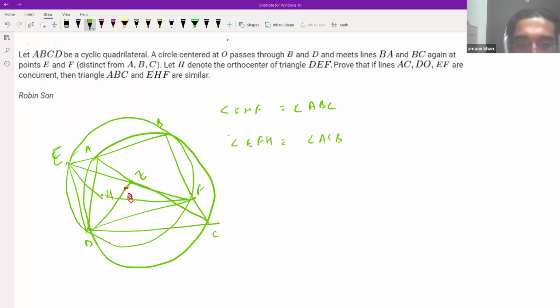Let's try to prove this first. Just type it in the chat.